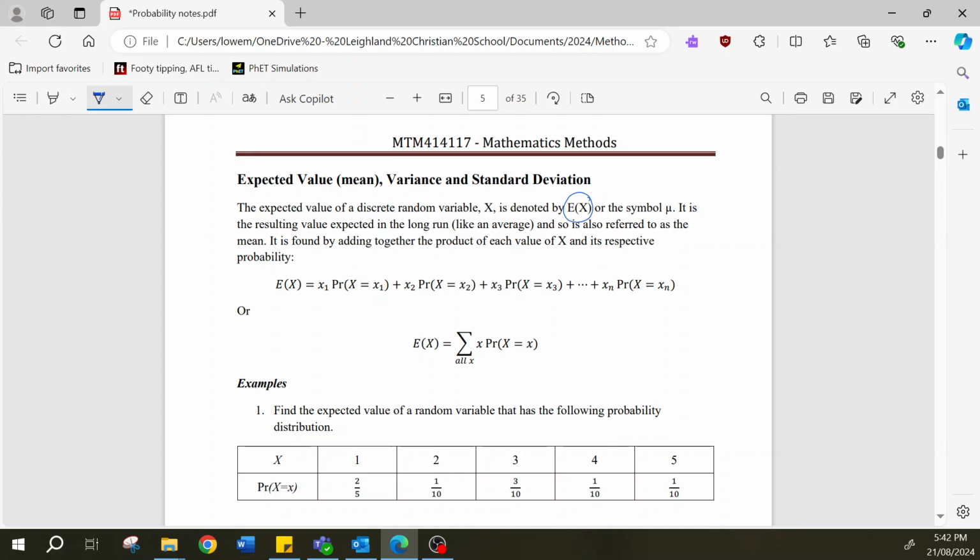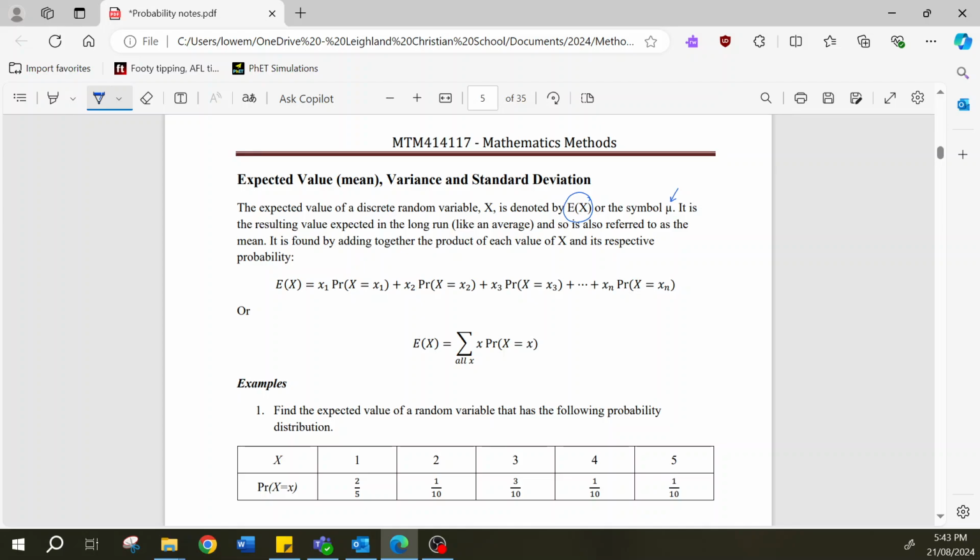Basically, it's talking about what is the average outcome that we're likely to get from a probability distribution. Or we can use this symbol mu, which is used in maths and sciences for various things, but in maths it's typically used for the mean.